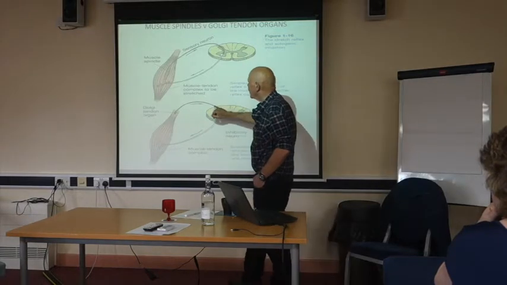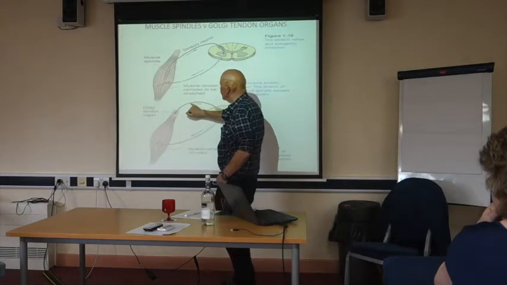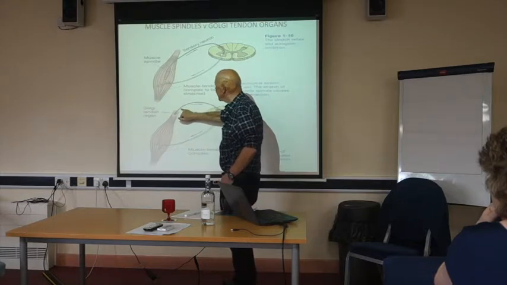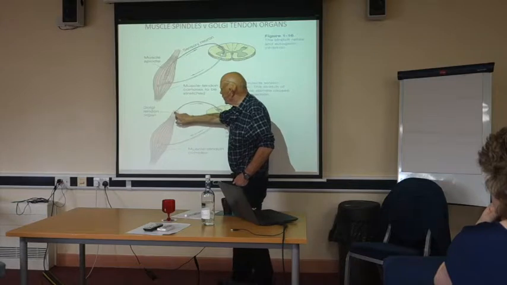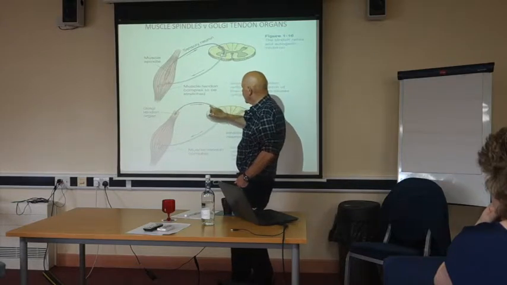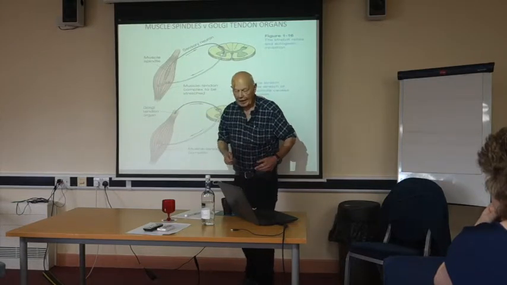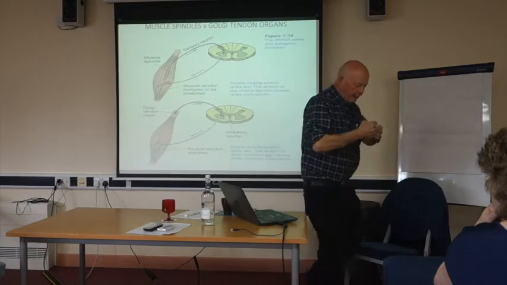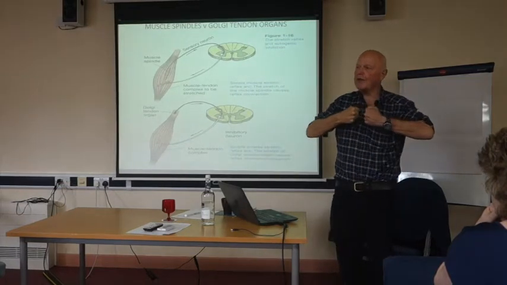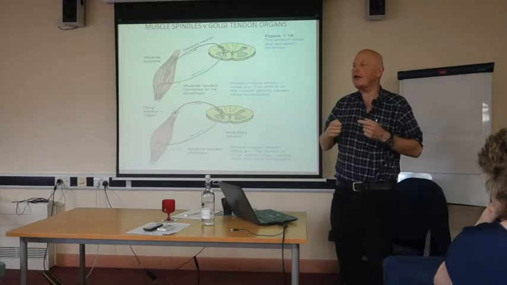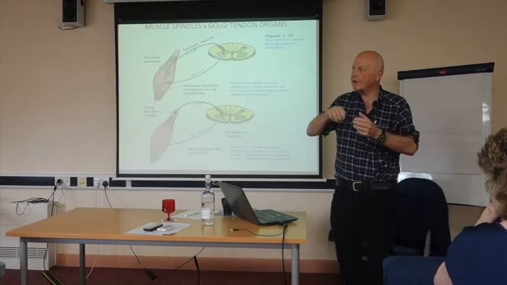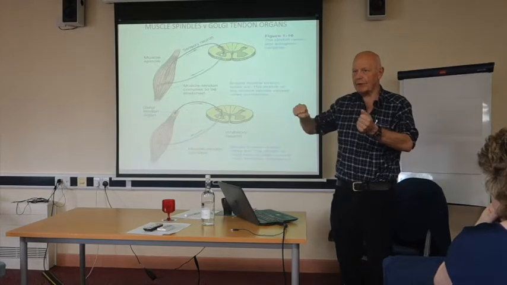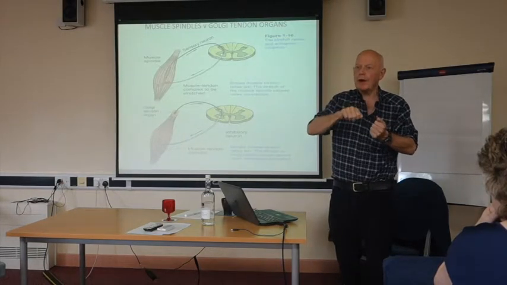Just for completeness, the Golgi tendon organs. I tend to think of these as a bit like mechanical fuses. This is like a strain gauge sitting in the tendon and measuring the amount of force trying to pull the tendon apart. Tendons don't stretch. If they stretched, they wouldn't be any good as tendons, because they've got to be dimensionally stable in order to pull the bone with the muscle.